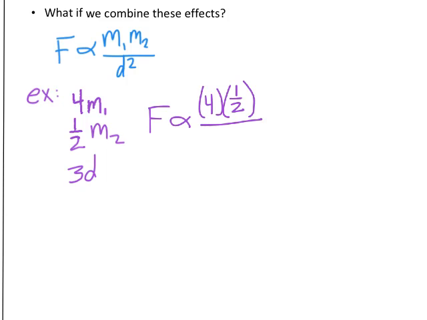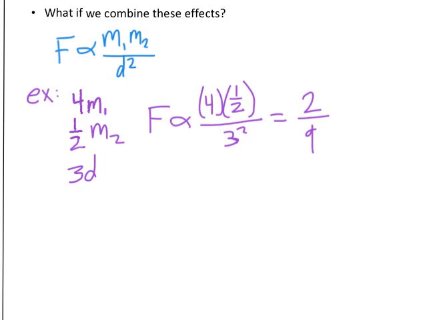And then the distance was tripled, but don't forget, so I'm going to square that 3 on the bottom. This would give me, look at the top, half of 4 is going to be 2 on the top, and then my denominator, 3 squared, would be 9. So my new force is 2/9 of my old force.